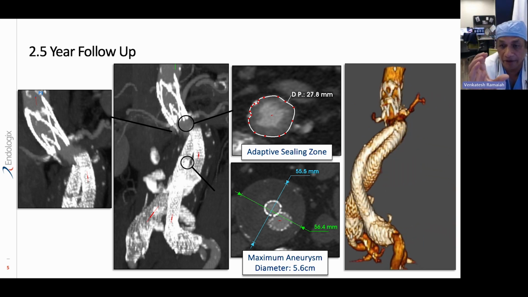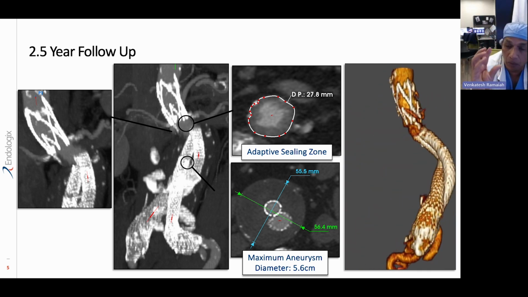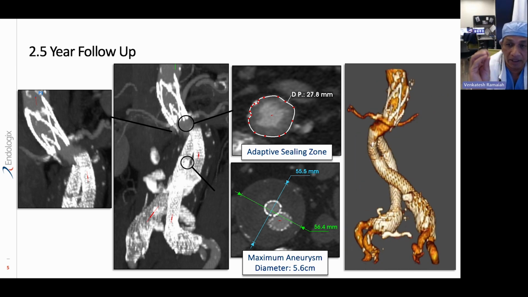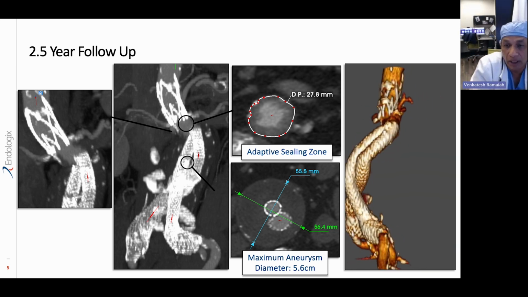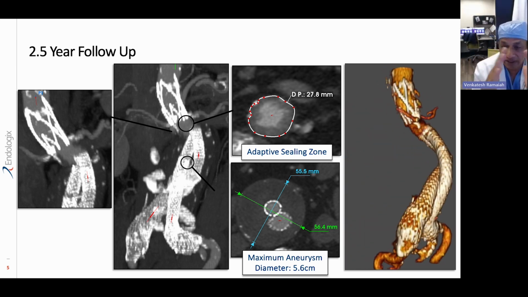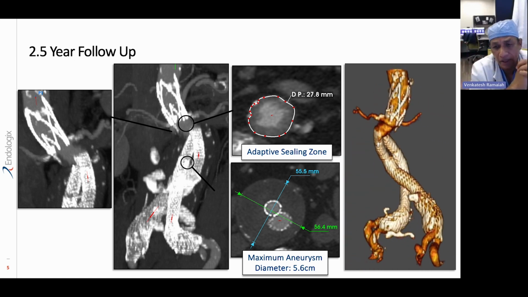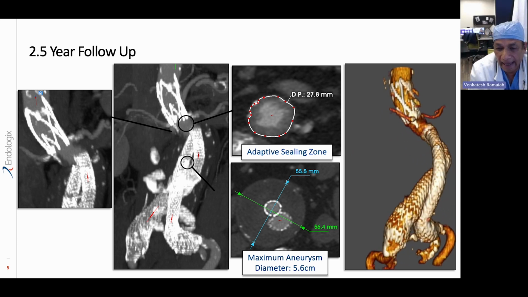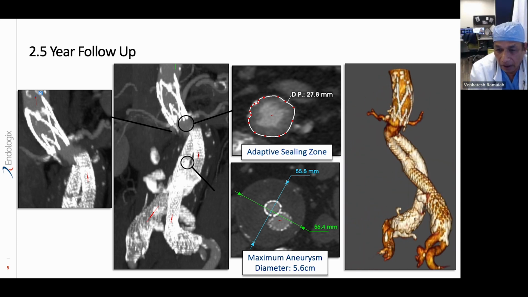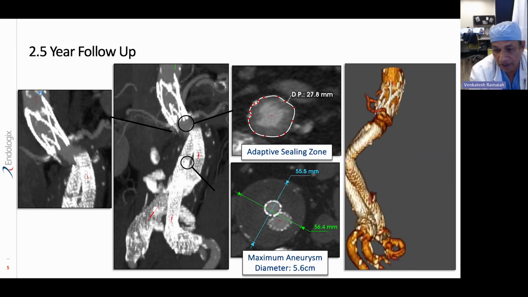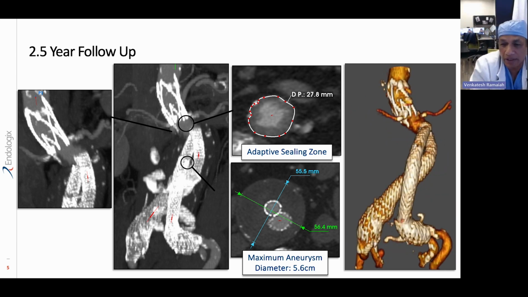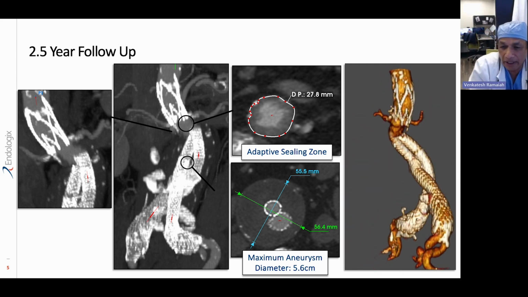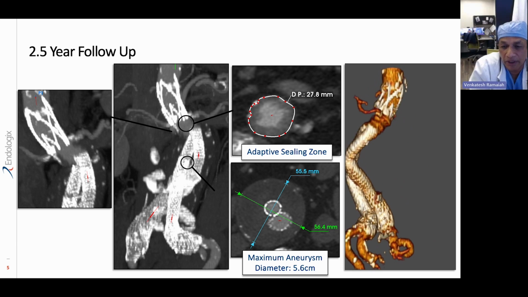The seal zone is made of polymer, which is one of the few mechanisms that decrease the amount of neck dilatation that can happen with the current self-expandable stents that are utilized in other endografts. If you look again at the level of the aneurysm sac itself, you will see that the aneurysm has actually shrunk a little bit from 5.7, 5.8 to 5.5 over a 2.5-year period.